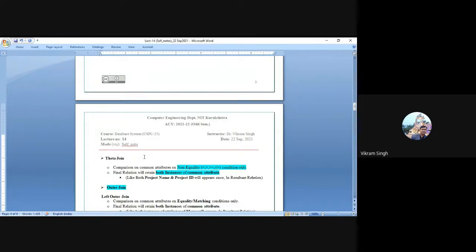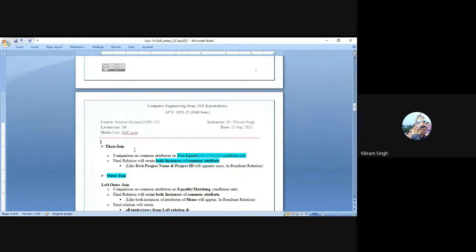All the possible types of non-equality or not equal to operators fall into a third type of inner join, which we call a theta join, right? Theta join is basically a kind of natural join, but it has these not equal to conditions in the matching logic.